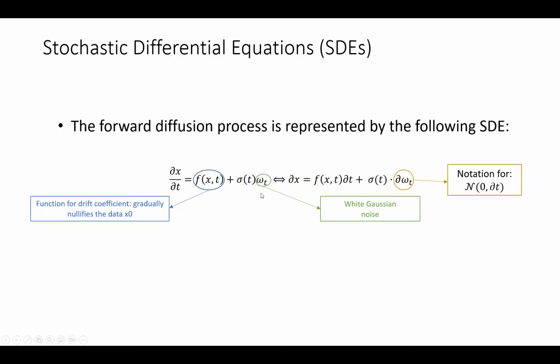That is the part which is stochastic, because standard differential equations don't have any noise. But now here we are adding the noise, the probabilistic part. That's why it becomes a stochastic differential equation. And this is the function for the diffusion coefficient, and it controls how much Gaussian noise is added.